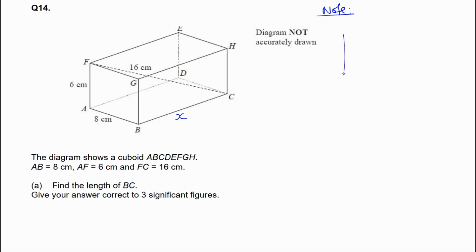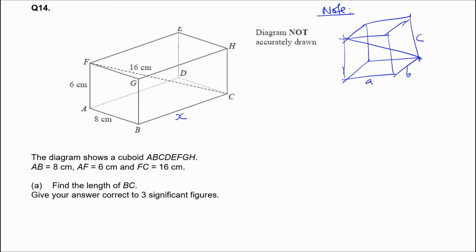Suppose we have a cuboid. Let's just sketch a random cuboid here. So this is our cuboid, and I want to look at the relationship between these sides and this length here.